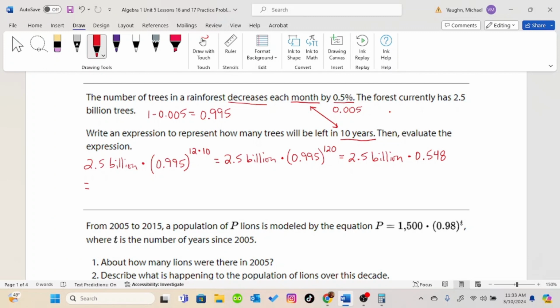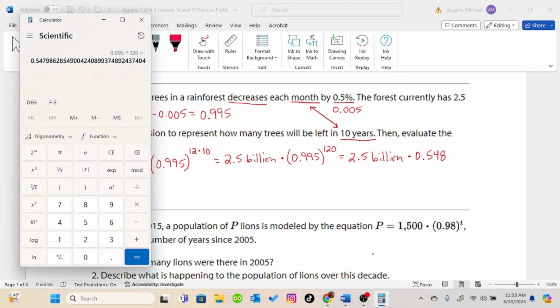And now we'll do the multiplication part. This growth factor to its exponent times the 2.5 billion.